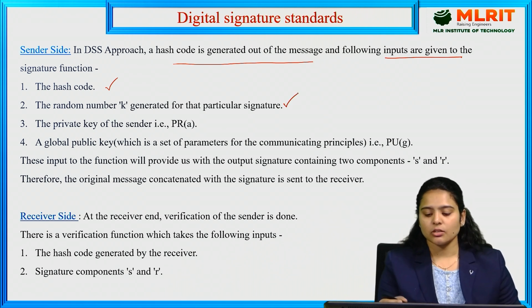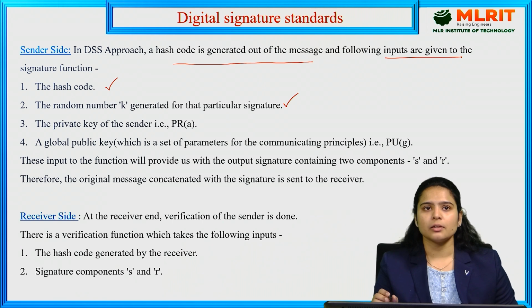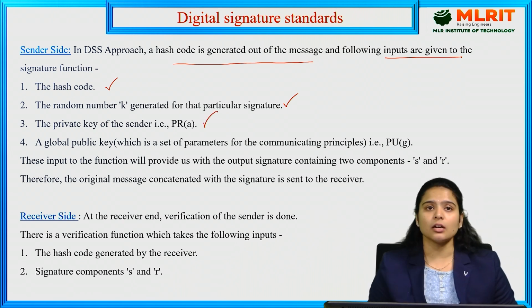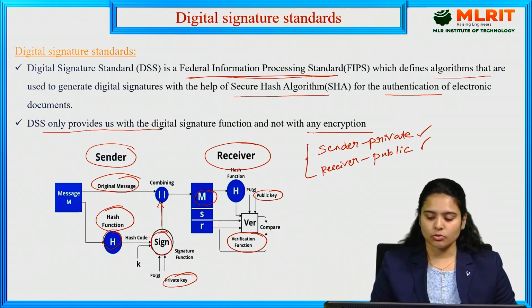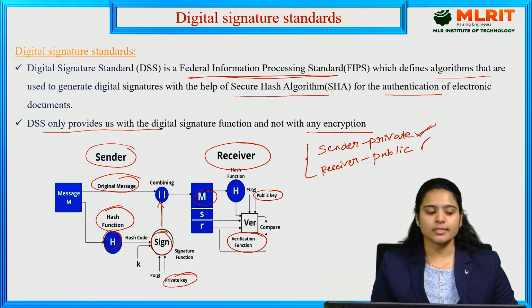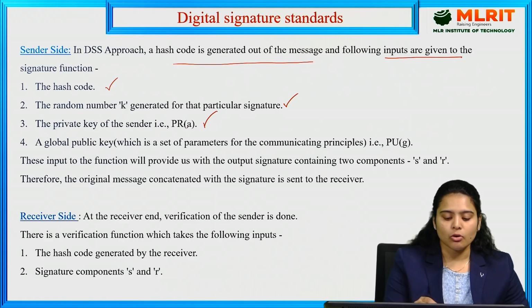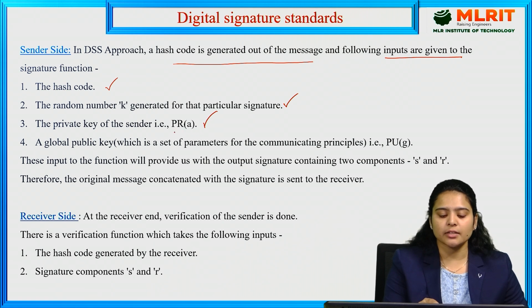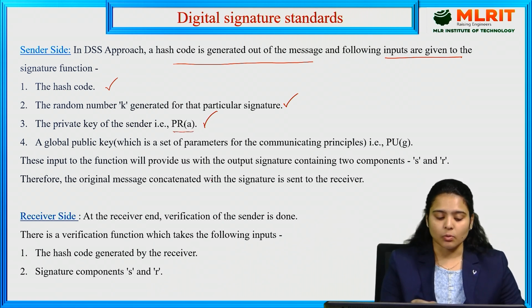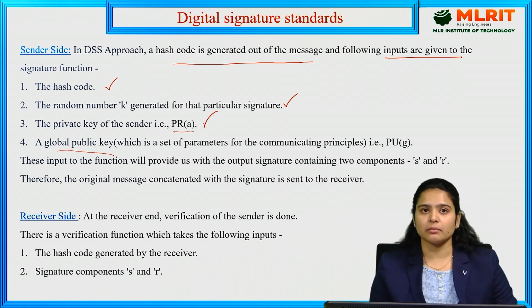The next is a random number, that is K. For the particular signature process, we are going to use a K. And they are using the private key of the sender. What we saw in the previous slide is that the private key is for the sender, and it is denoted by PR of A. The next is the global public key, which mainly consists of a set of parameters.